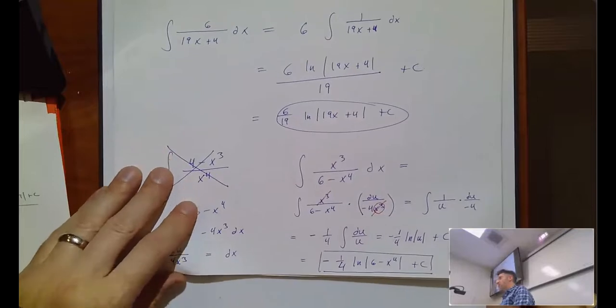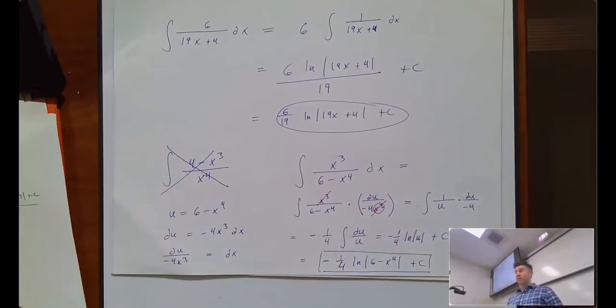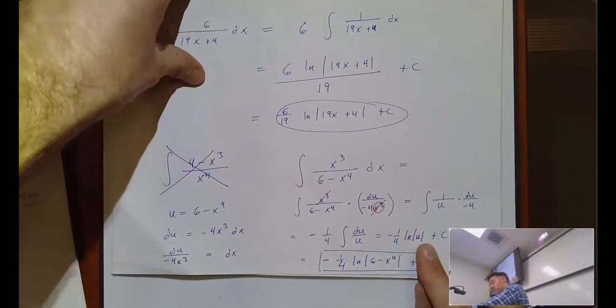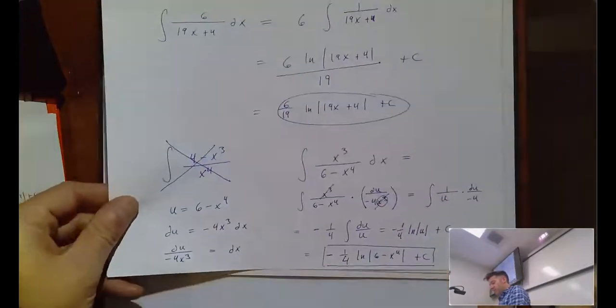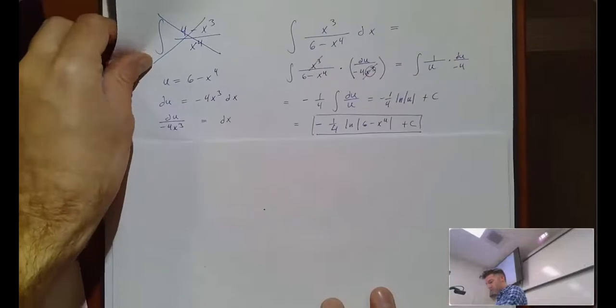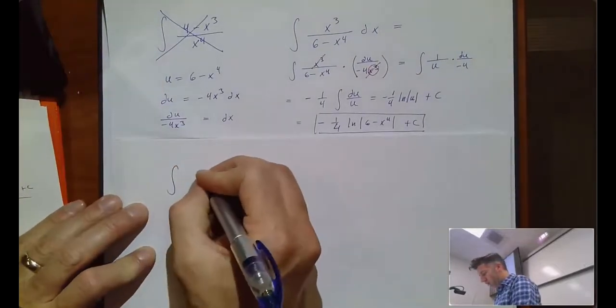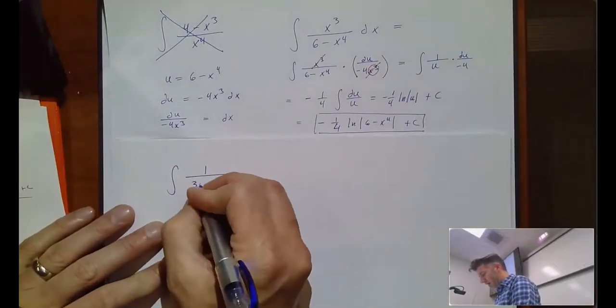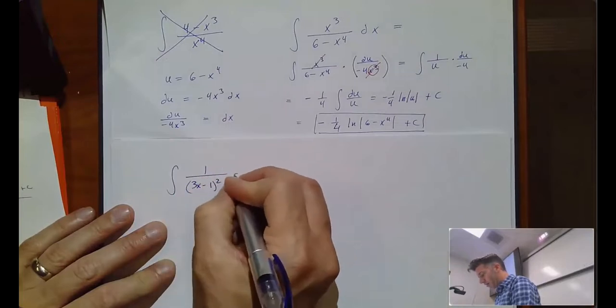A couple things that do not have a logarithmic antiderivative, just as a reminder. So if instead we had something like, let's see, the integral of 1 over 3x minus 1 squared.